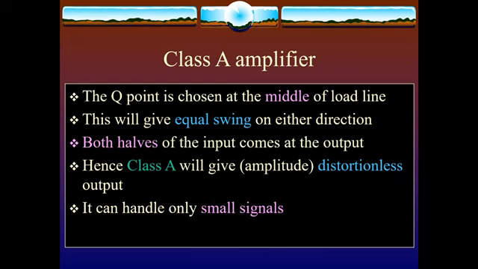It can handle small signals. Whenever we design any power amplifier, the Q point plays a vital role. So for a class A amplifier, we choose the Q point in the middle of the load line so that it can swing equally on either side. That is the importance of the class A amplifier.